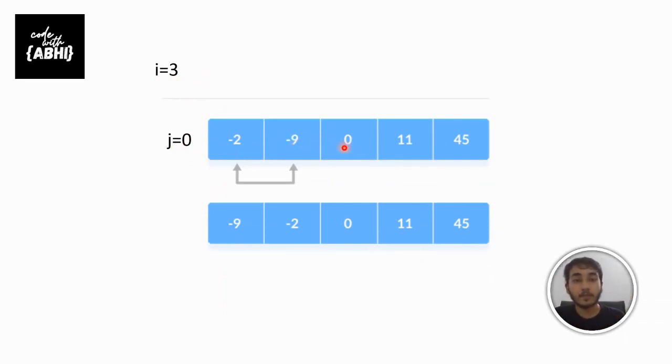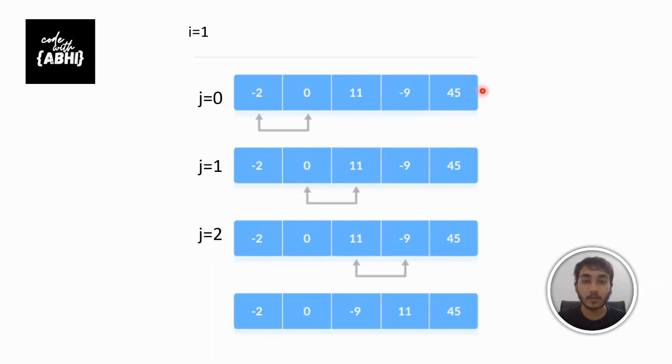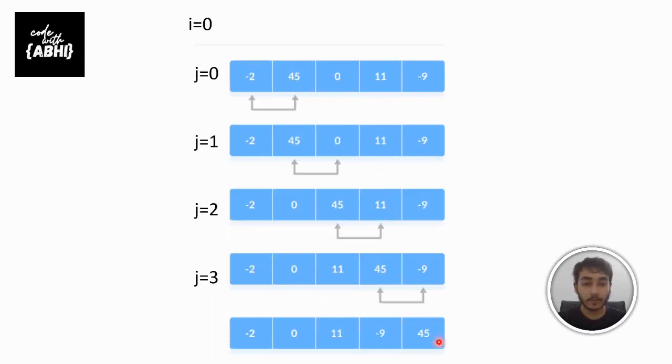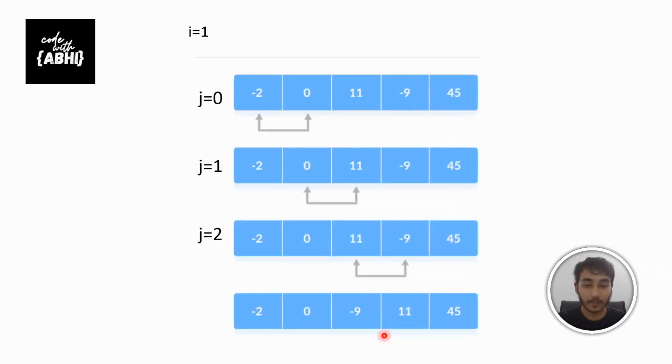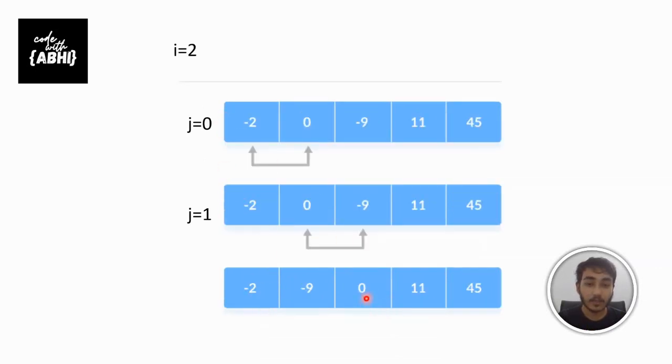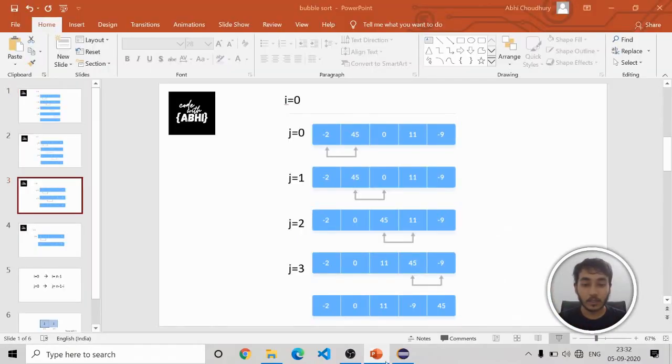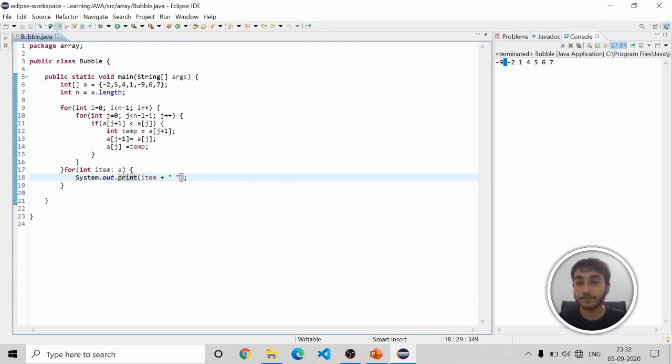This is an advantage because the number of iterations keeps on decreasing, and it occurs because the first time 45 got sorted, so we only have to compare these 4 elements. After the end of the second loop, these 2 elements got sorted, so we'll only have to compare these 3 elements. After the third loop, these 3 elements got sorted, so we need to only compare these 2 elements, which is only one iteration. So let's go to Eclipse and try to code this part.